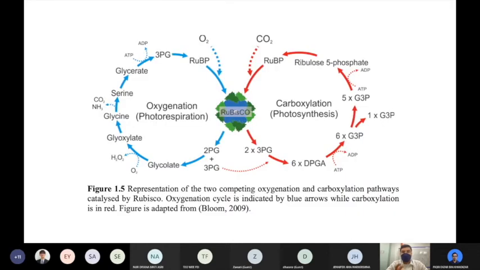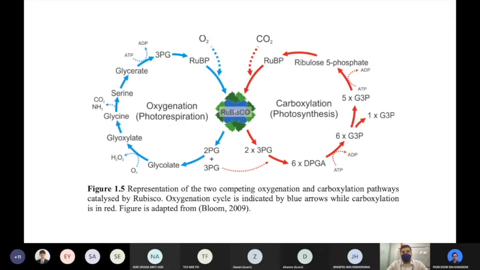Also, this tool has been applied to Rubisco, as I mentioned earlier. Rubisco is a very well-studied enzyme because it is involved in photosynthesis, but its turnover rate, its efficiency, is basically very, very low, because there's another competing process, also initiated by the Rubisco enzyme, photorespiration.